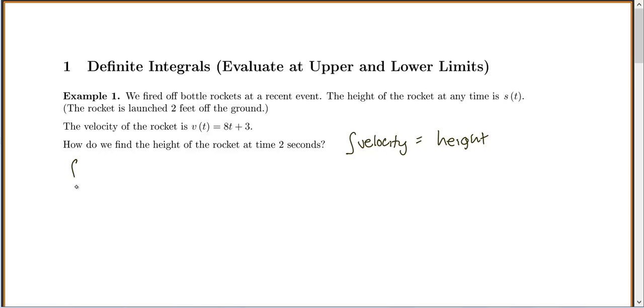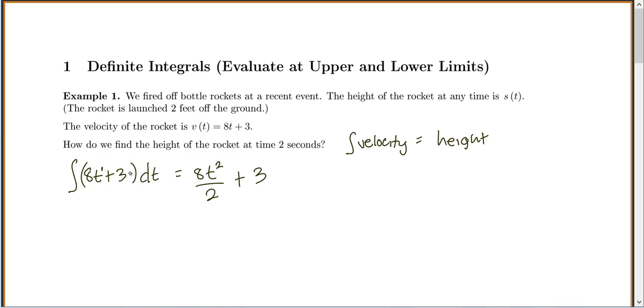So in our case, we want to integrate 8t plus 3 dt. Now notice here we're going to do a dt because our actual variable is t. When we integrate the 8t, we keep the 8 there. The t was like t to the power of 1, so we'll raise it one power, up to 2, and divide by our new power.